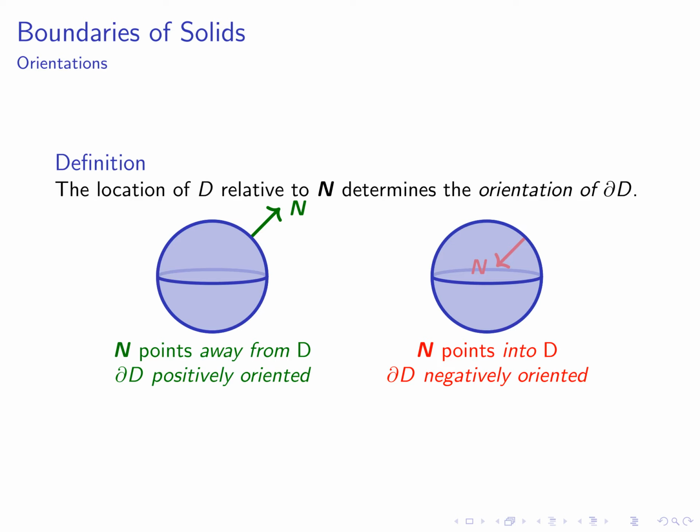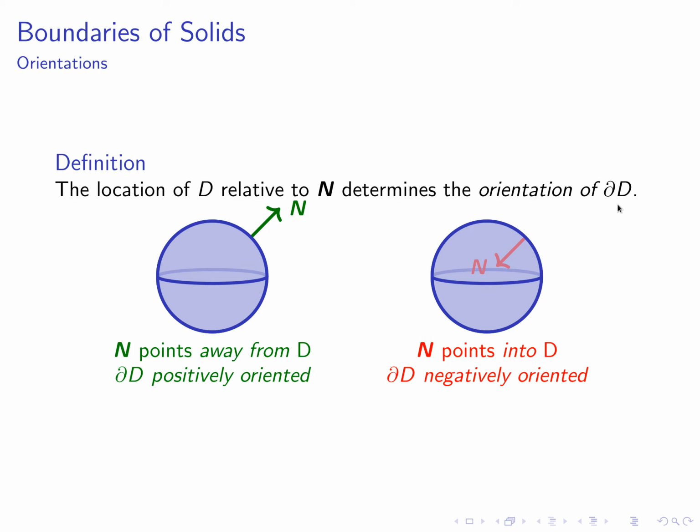Okay, so now that we have a notion of boundaries of solids, we can define the orientation of a boundary of a solid. Here, the location of the domain relative to the normal vector of the boundary determines the orientation of the boundary.